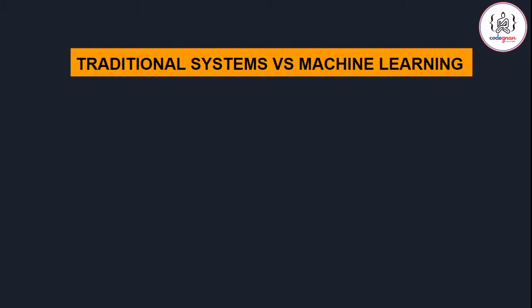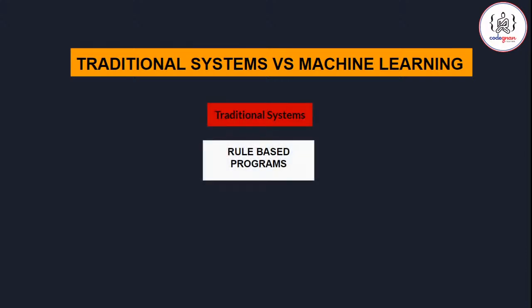Now let's talk about the traditional systems and machine learning. There were traditional systems as well before machine learning came into the picture, and how they used to work. So here we used to have rule-based programs.